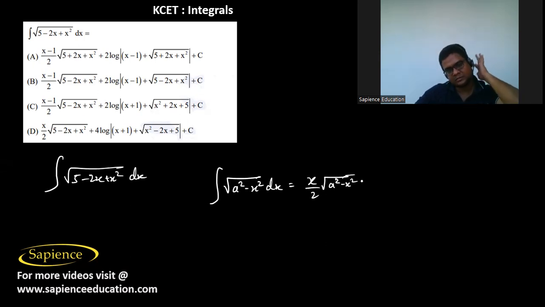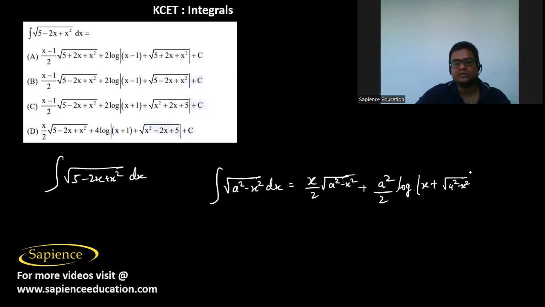So we know that integral square root of a square minus x square dx is nothing but x by 2 into root over a square minus x square plus a square by 2 log mod x plus square root of a square minus x square plus c.